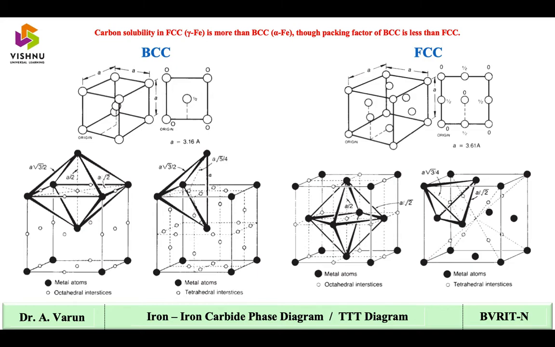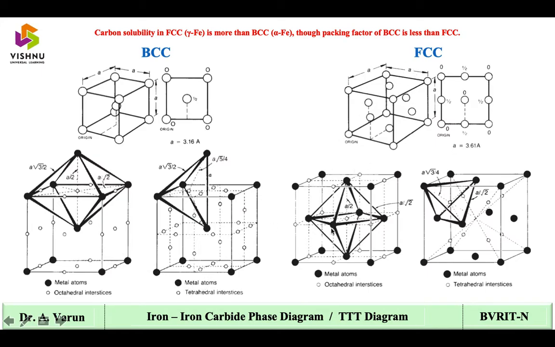I'll also show you with the diagram. So here you can see this is the BCC crystal structure and the possible carbon atoms which can go and fit and form either octahedral interstitial positions or tetrahedral interstitial positions.